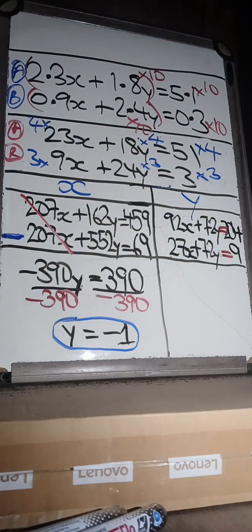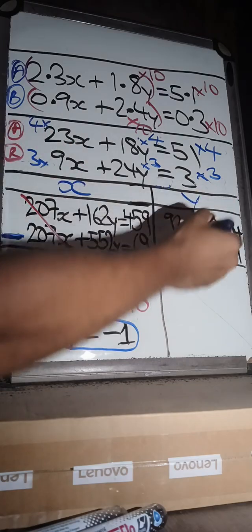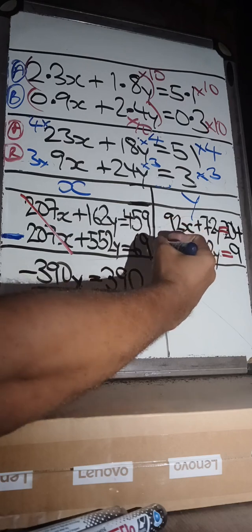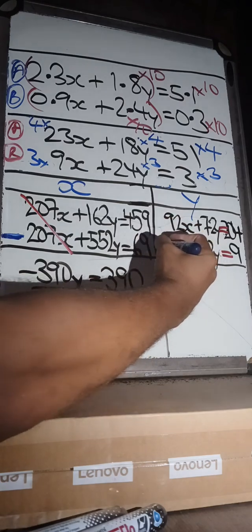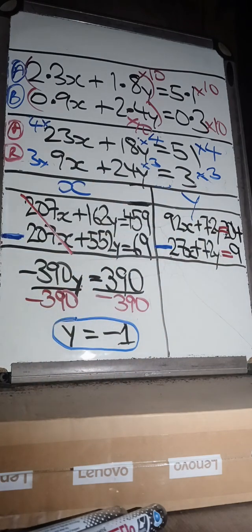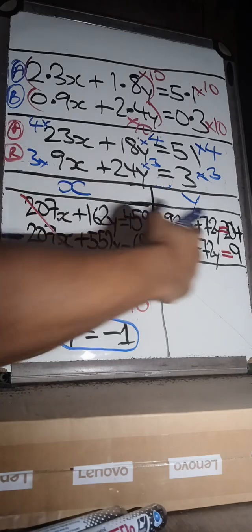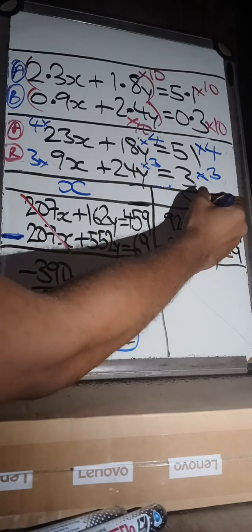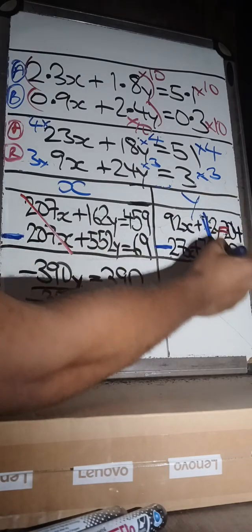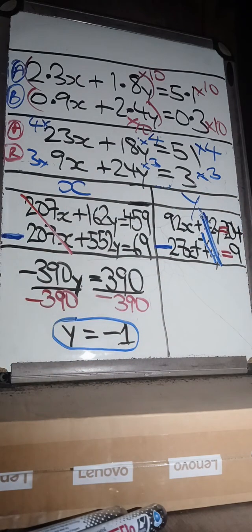So again, the signs in front of the 72, both of them are the same. So you're going to have to subtract line 1 from line 2, right? So 207 minus 207 is 0. 72 minus 72 is 0.